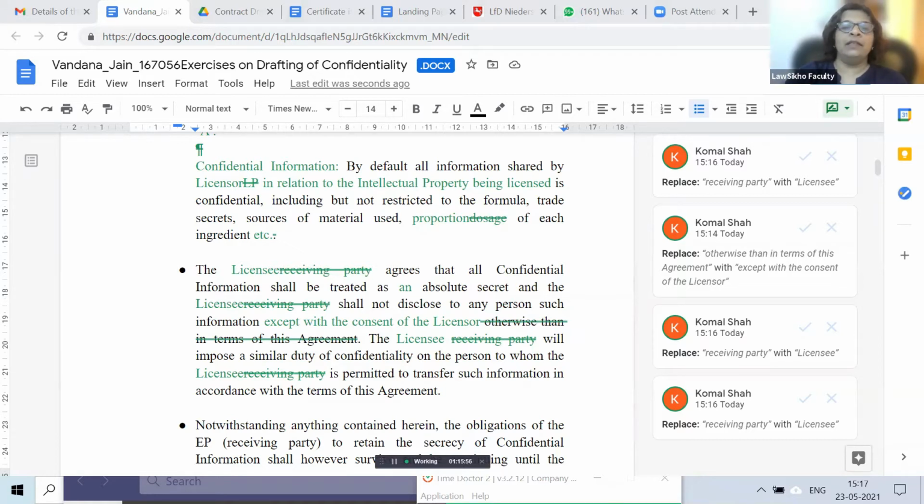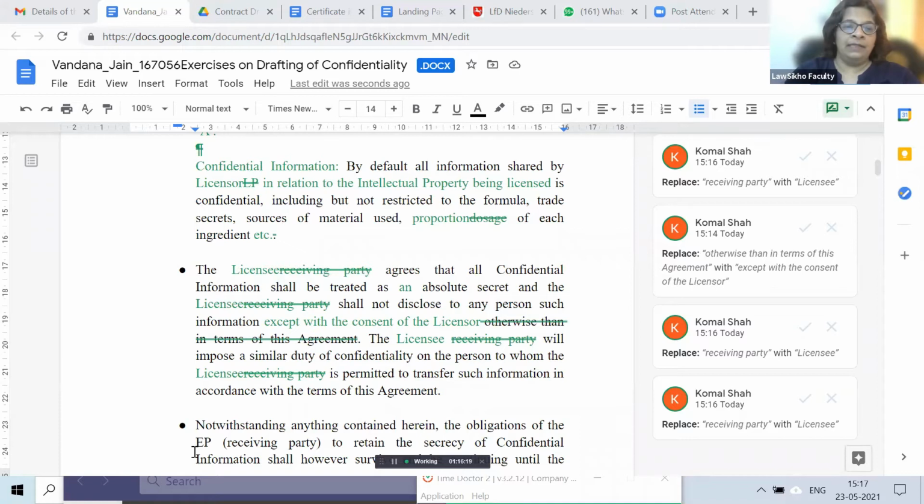So it's better when you define the parties clause, at that point itself, you put the name or the definition of the party or the short form you're going to use for the party, and then continue with that throughout the agreement so that there is no confusion as to who is who.